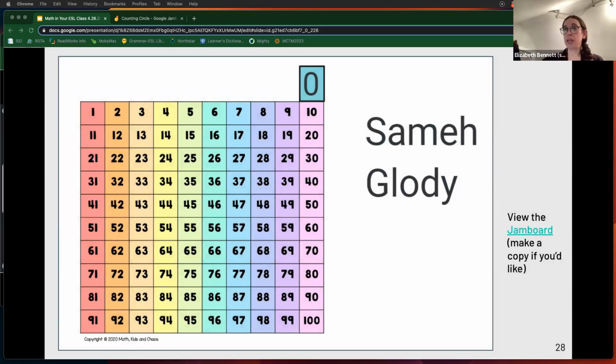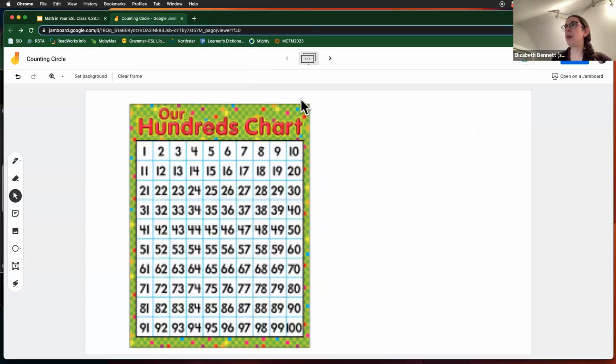So it'll be, Juliana is the last person in the classroom. So she says her number, and then Sama online, and then Glody online, and then we continue with Norma in the classroom, and we just continue around the circle. There is an example Jamboard in the handout that you can look at more later.